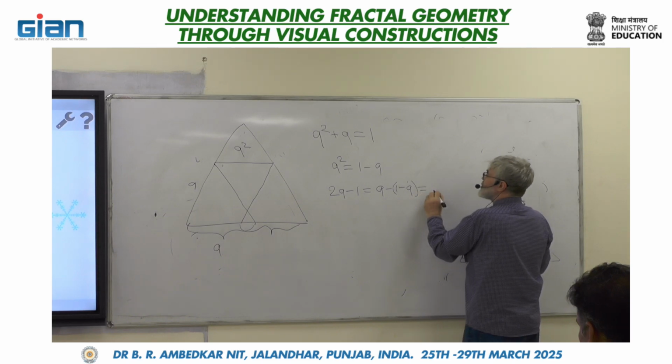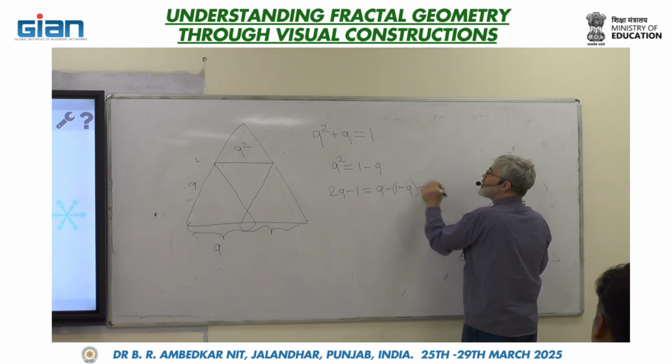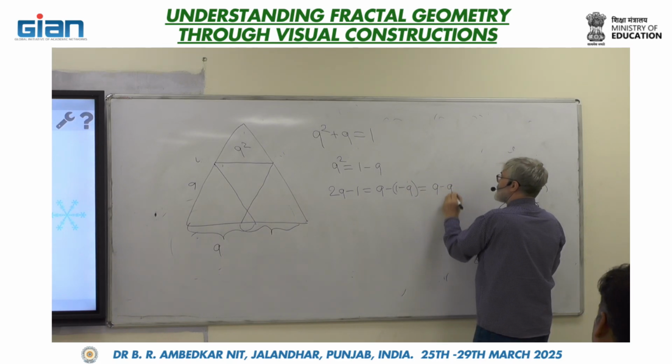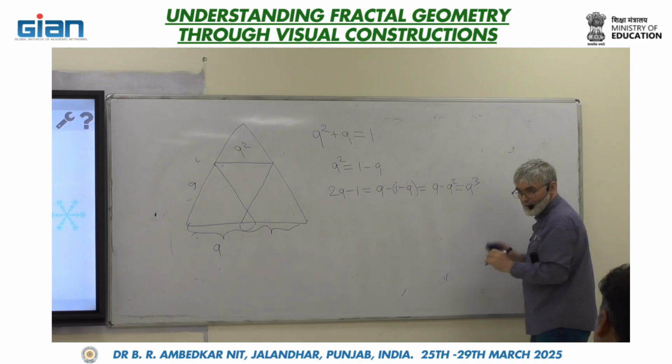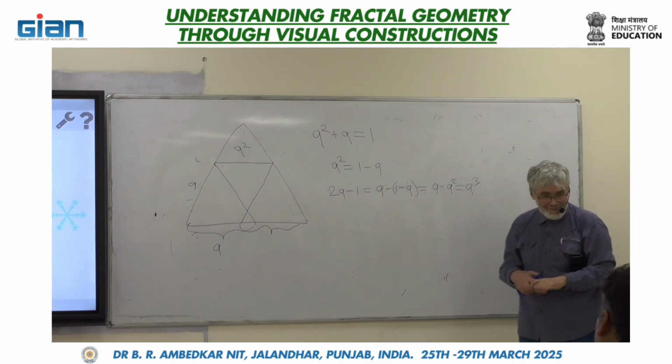It means that it is Q minus 1 minus Q minus Q squared, but Q minus Q squared is Q cubed, right?